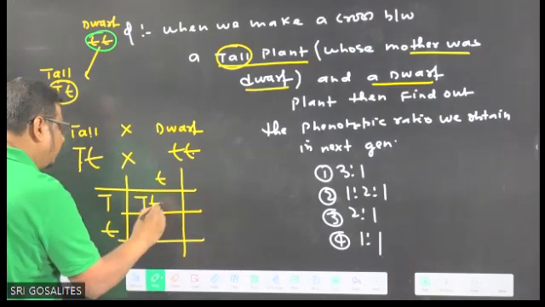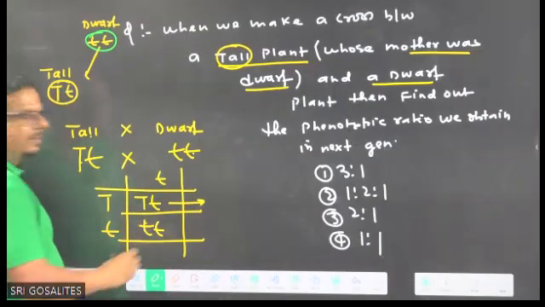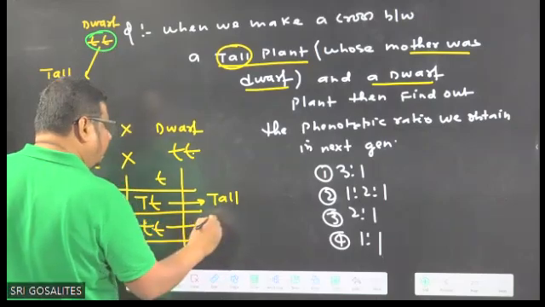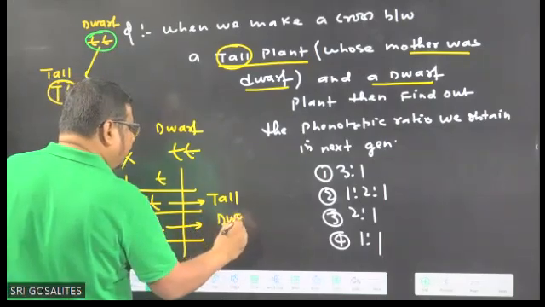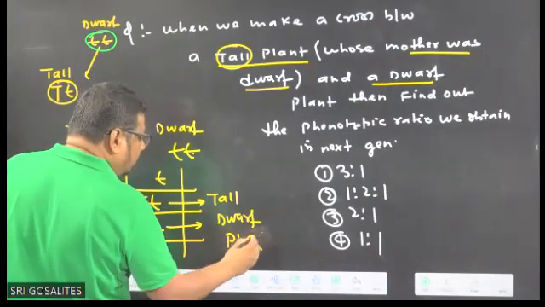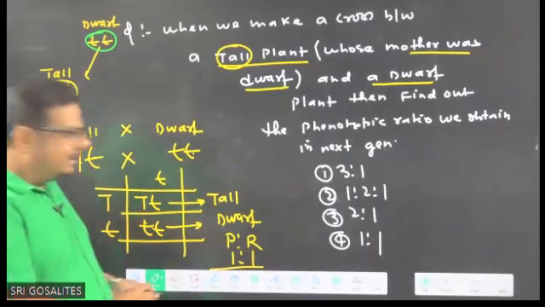Capital T, small t, small t, small t. What is the phenotype? Tall. What is the phenotype of this one? Dwarf. What is the phenotypic ratio? 1 tall, 1 dwarf, means 1:1. Correct answer is?